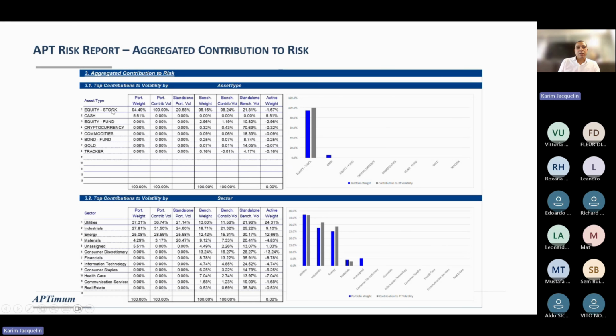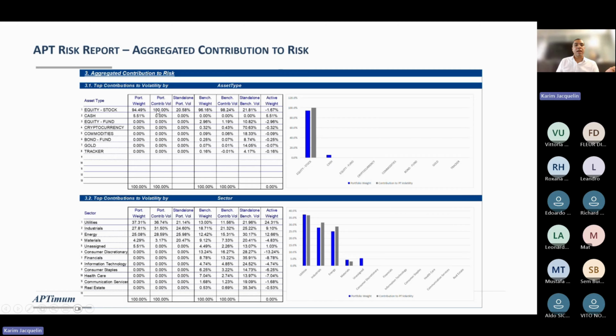So equity via stocks, equity via funds, cash, crypto assets, commodities, bonds, gold. We have the weights for the portfolio and for the benchmark. And we have the contribution to volatility per asset type. So because we can decompose the portfolio volatility at the instrument level, we can sum the contribution of the position for each asset type and get the contribution to volatility for each asset class.